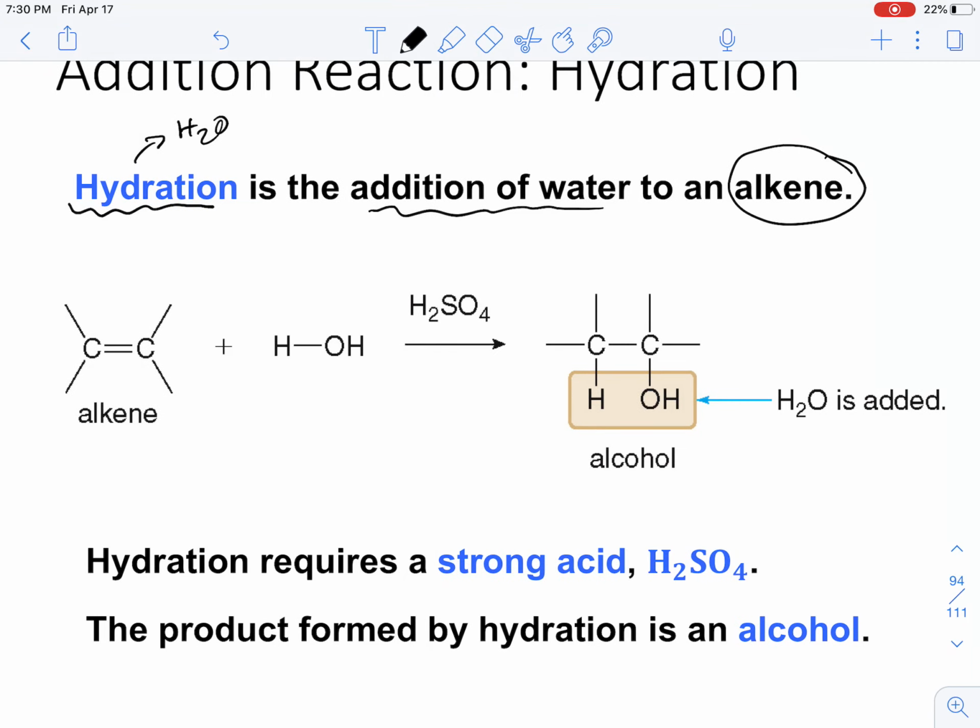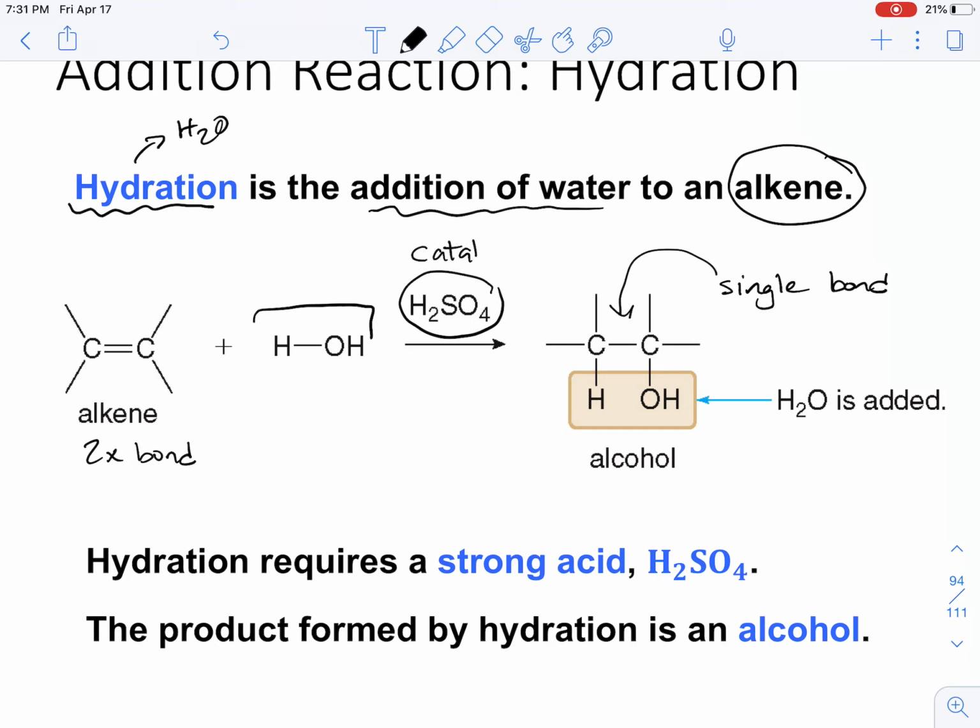If you look at this specific diagram, you're starting off with a double bond and you're still producing a single bond after the reaction occurred. Now, instead of H2 as your reactant, it is water as your second reactant. And so H2SO4 is going to serve as our catalyst. It's going to speed up the rate of the reaction so that the product can be formed.